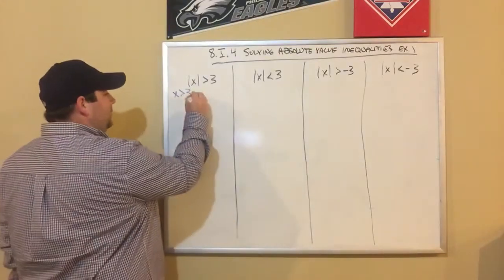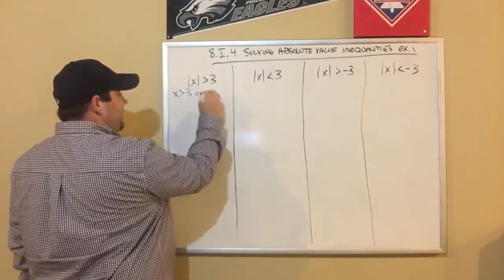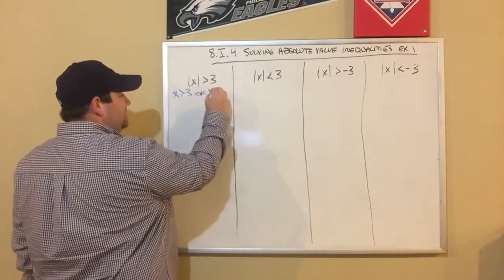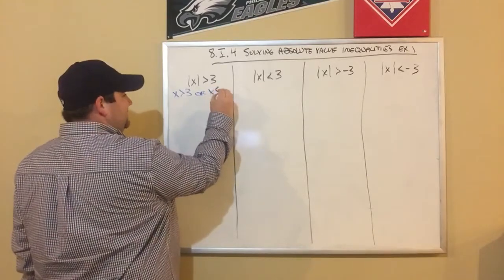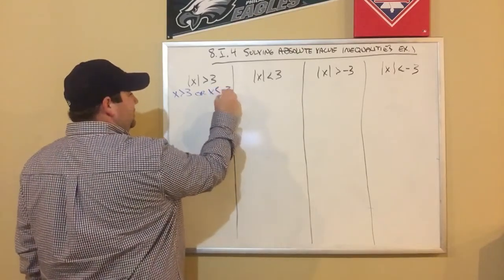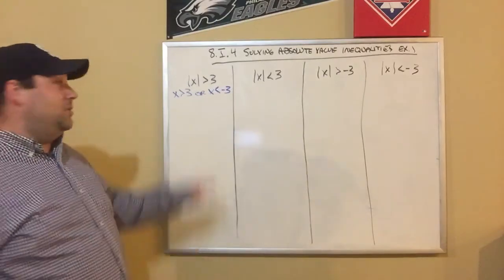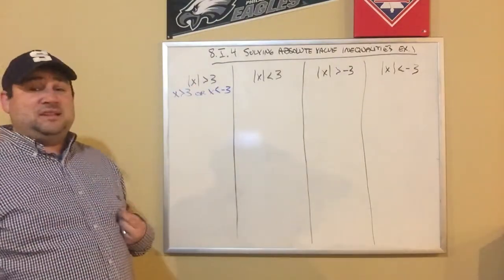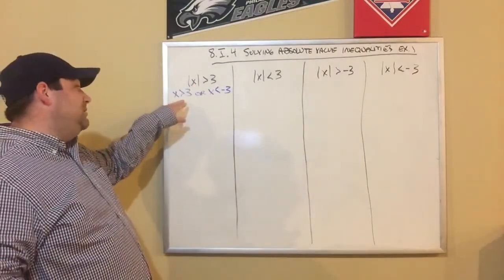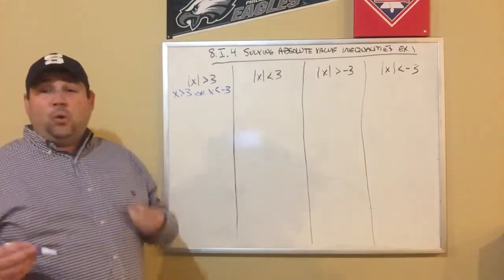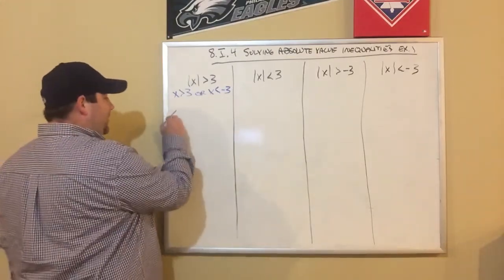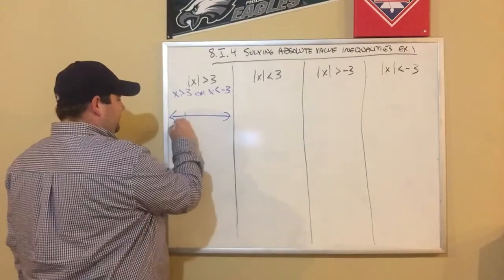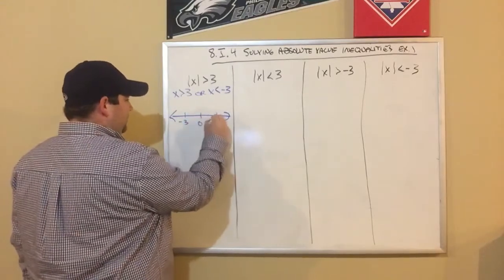And for my second one, I take my x again, but I flip my symbol. So it's going to be less than, and I change the sign. So I flip the symbol and change the sign. This is saying our answer can be x is greater than 3 or x is less than negative 3. And if I were to graph that, I'd have negative 3, 0, 3.